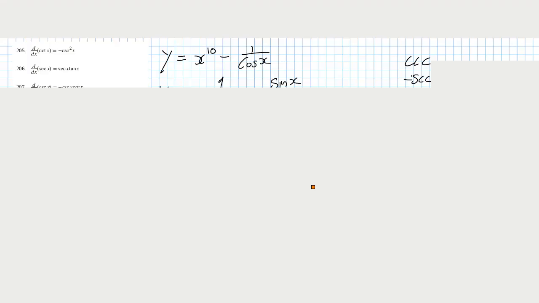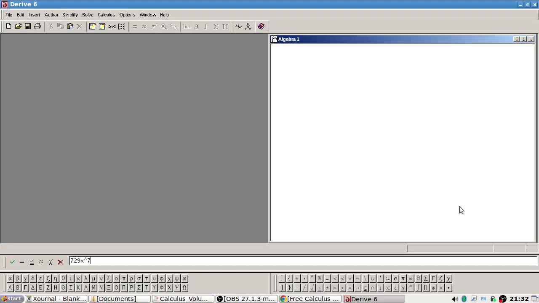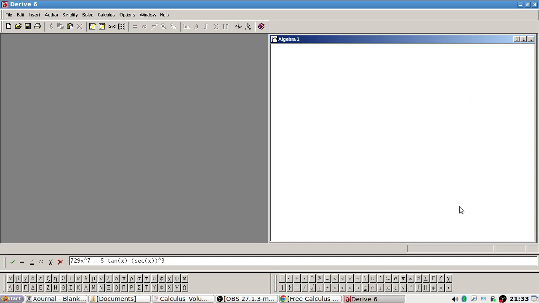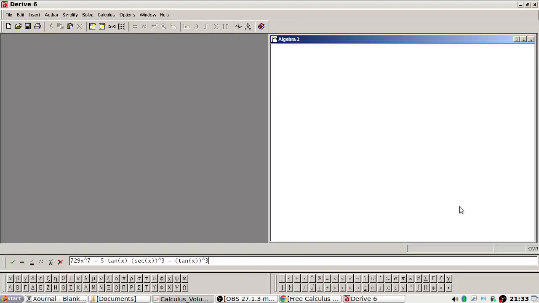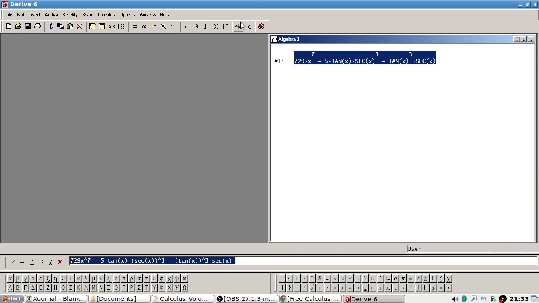Let me just type in their answer. 720 x power 7 minus 5 tan x sec x cubed minus tan x cubed sec x plot.